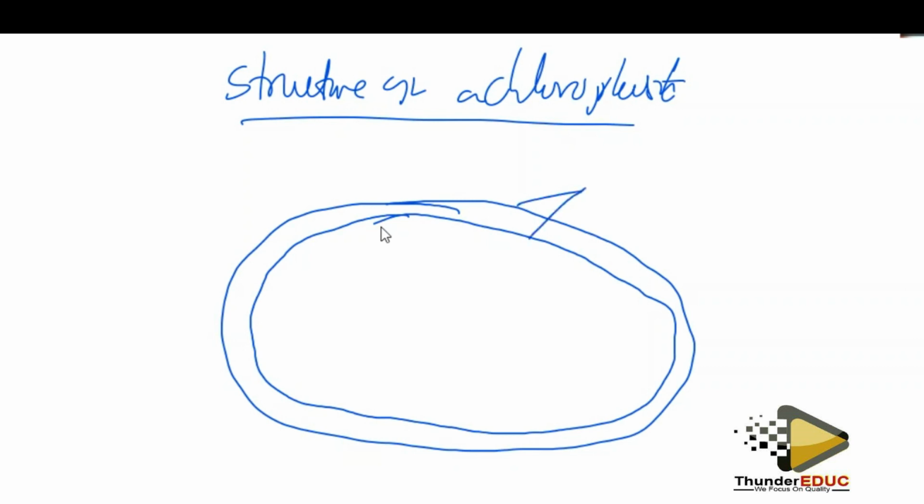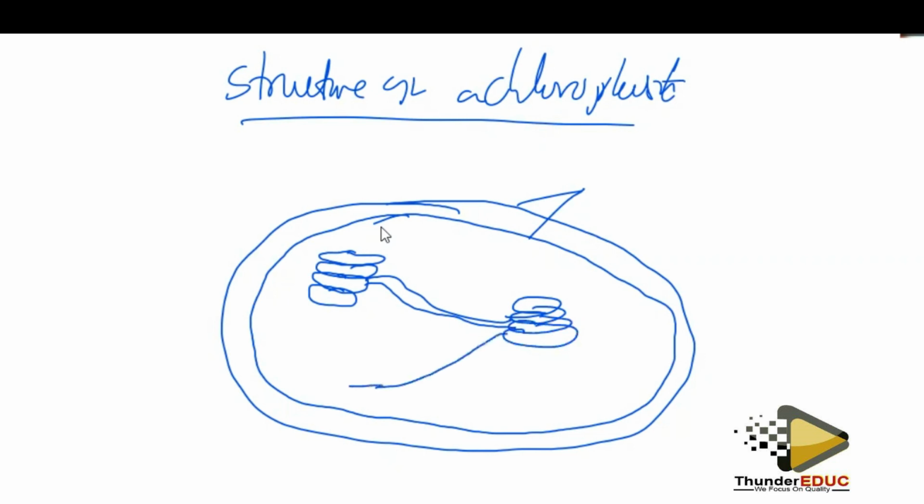The chloroplast is made up of flat sacs, and these sacs are interconnected. If they're interconnected, each is also connected to another sac.